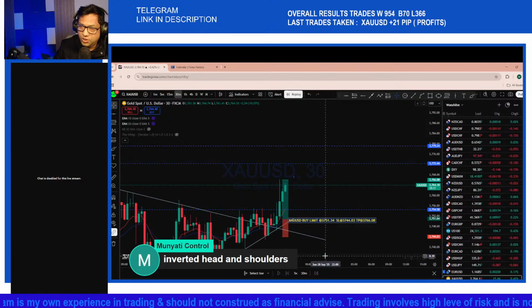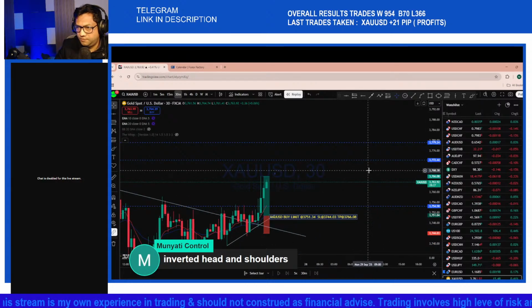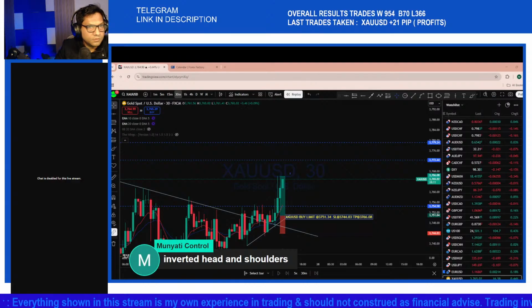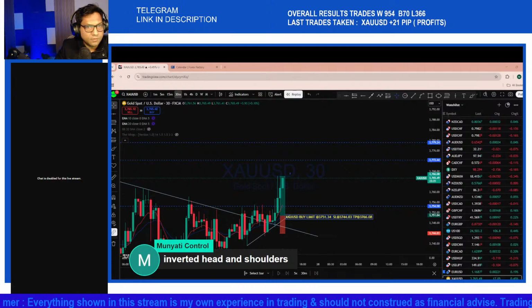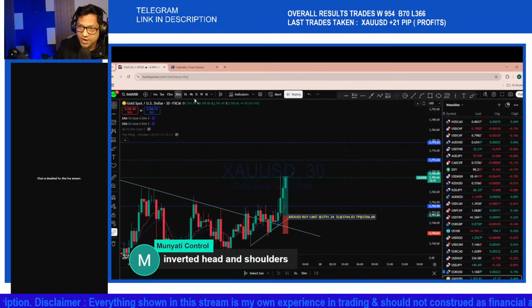From this liquidity zone, we can see the market has made its move back above here in that area. So it's moving back up, which is in an uptrend now.